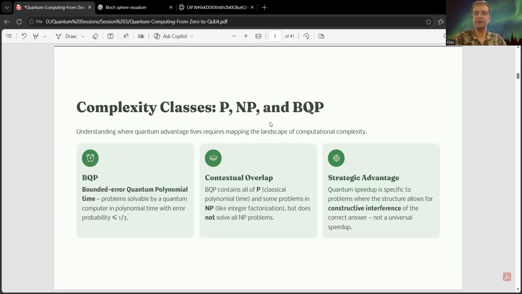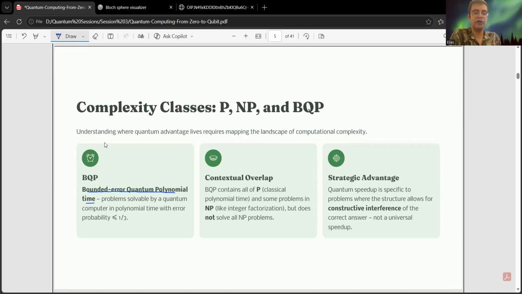Now I talked about classes like P and BQP. BQP is the class that is more of our interest, and that is bounded-error quantum polynomial time. These are the problems that quantum computers can solve in polynomial time, and the error rate is going to be less than 33%.